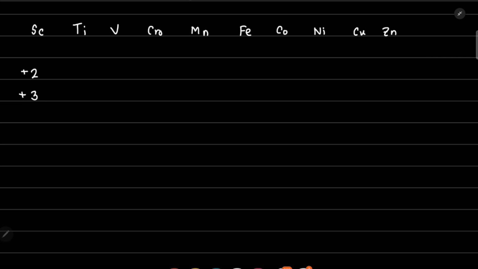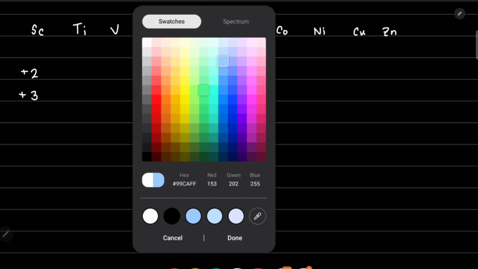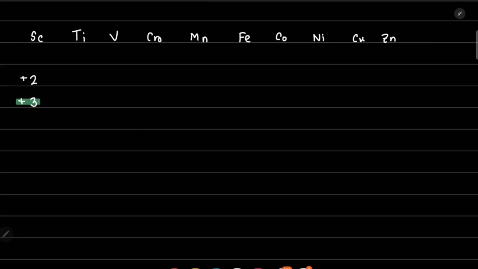The +2 ion is not stable, so I'll highlight the stable ones. Titanium exists in +2, +3 and +4. The +4 is the only stable one.